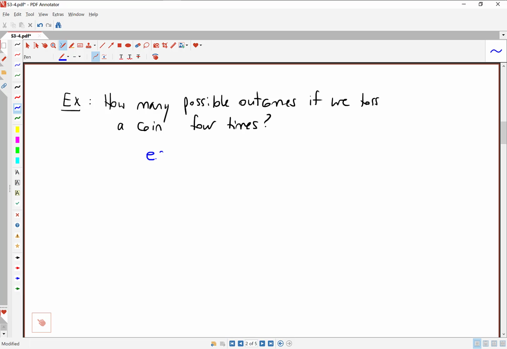So let's write down an example of what some of the possible outcomes would be. So you could have 4 heads in a row. You could have tails, heads, heads, tails. So we're tossing this coin 4 times and just keeping track of whether we get heads or tails on each toss. So we're asking, if we wrote down all the possibilities here, how many possibilities would be in this list?